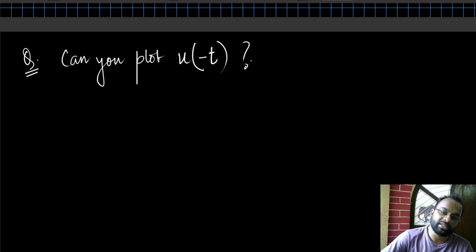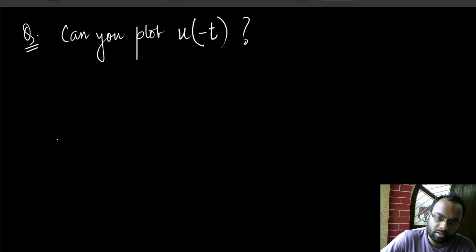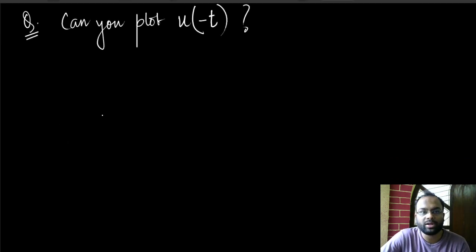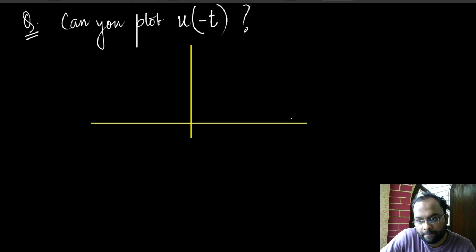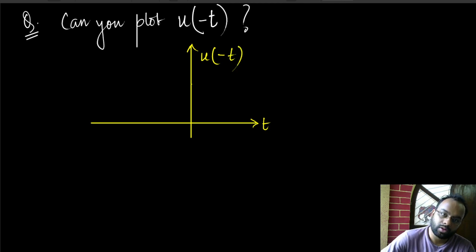What does u of minus t look like? This is my question right now. Can anybody guess what u of minus t would look like?